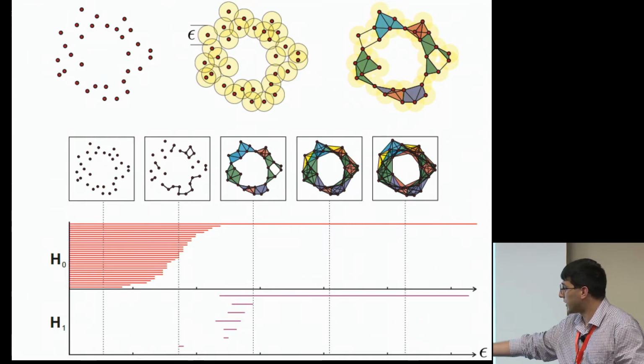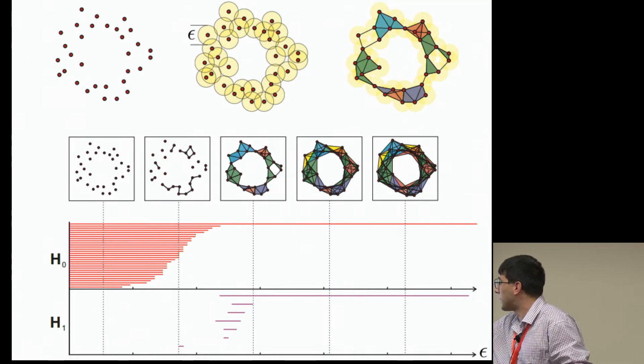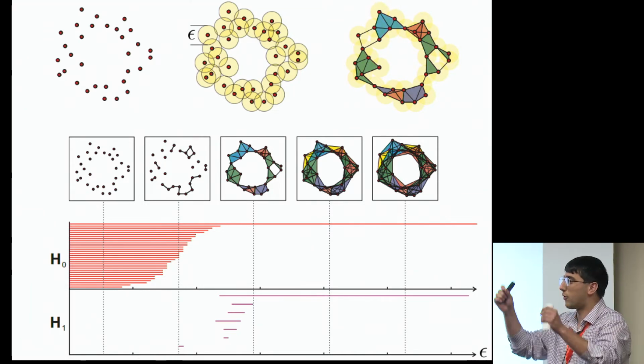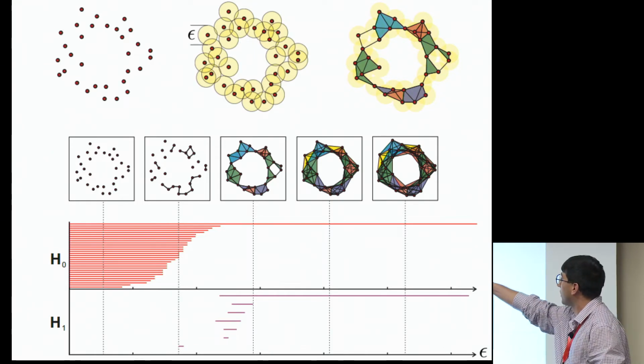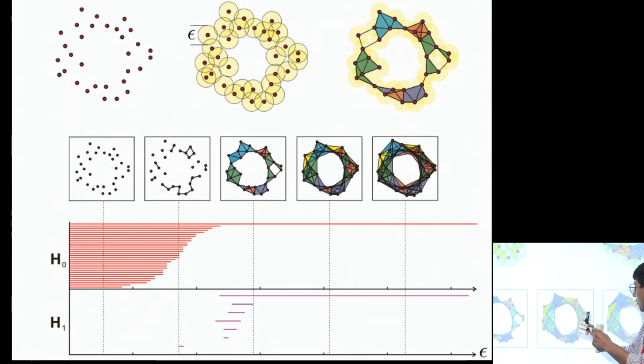And these H1 and H0 are what they call homology groups, but they basically are counting different properties of the space. So H0 is going to be counting the number of connected components, and H1 is going to be counting the number of circles. So in the very beginning, all the points are separate because they all are their own little islands. And as we increase epsilon, namely the radius of the circle, you see that some edges start to merge and they're no longer existing.